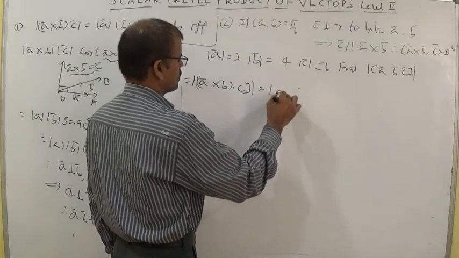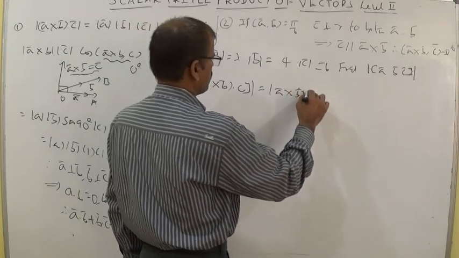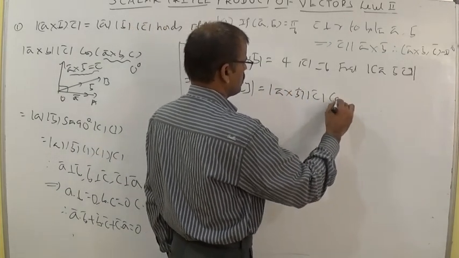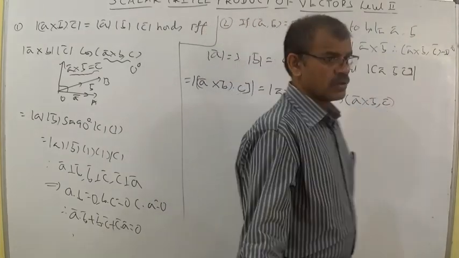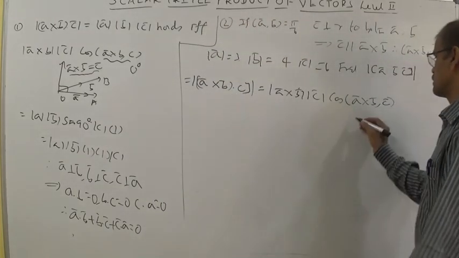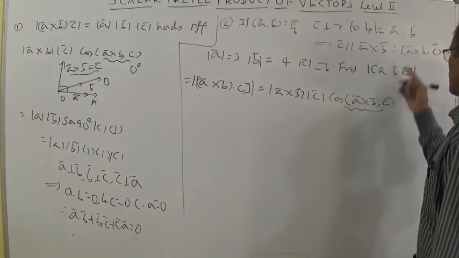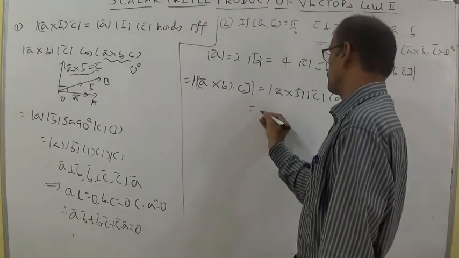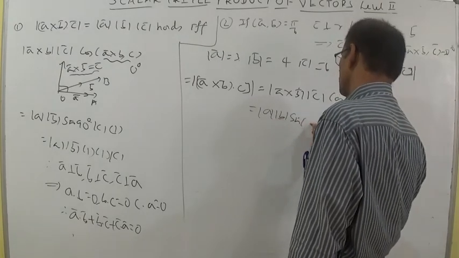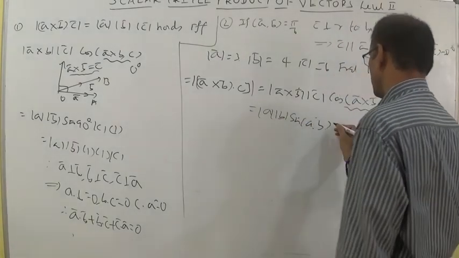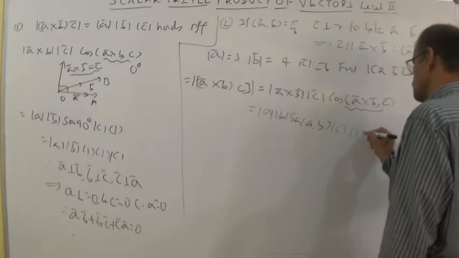That is equal to modulus of A bar cross B bar, modulus C, into cos of the angle between A cross B and C. The angle between A cross B and C is 0 degrees. Now we can write mod A into mod B into sine of the angle between A and B, into mod C into cos 0, whose value is 1.